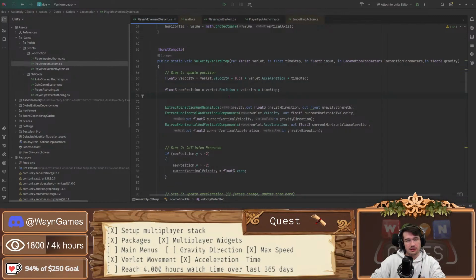So the first thing I do is not update the position now, but compute the velocity at step.